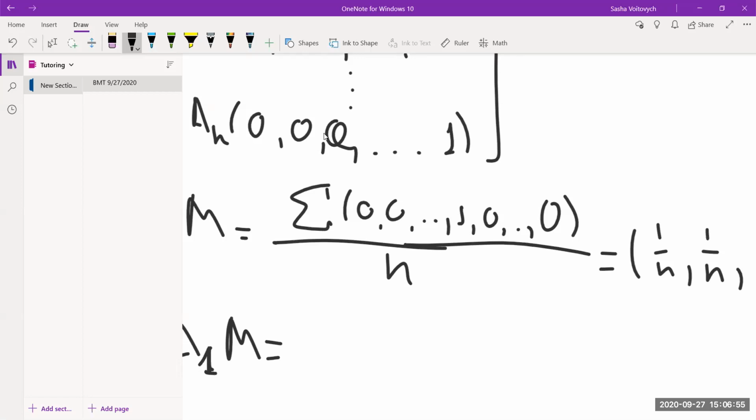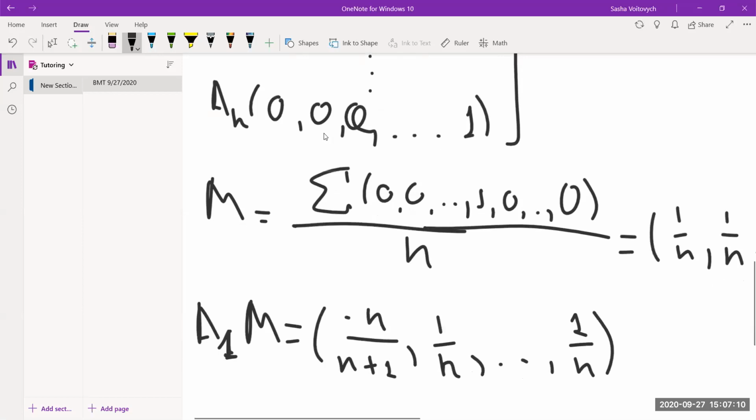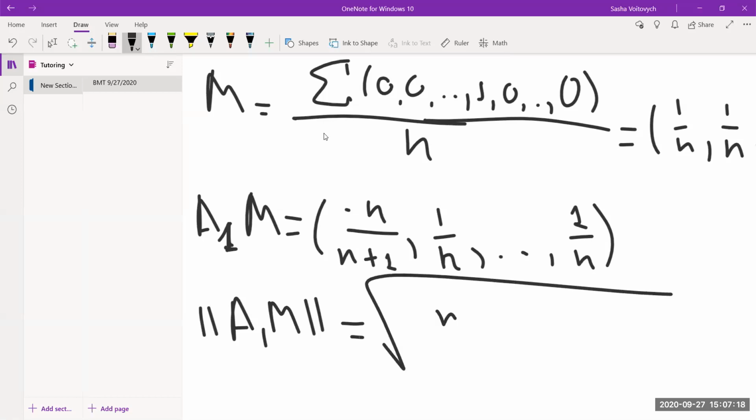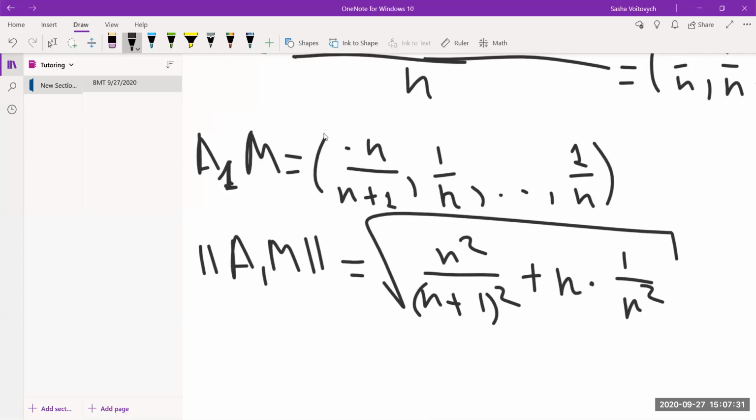So for instance, the vector A1M looks like minus n divided by n plus 1 and just a bunch of 1 divided by n. So the length of it will be the square root of n times this.